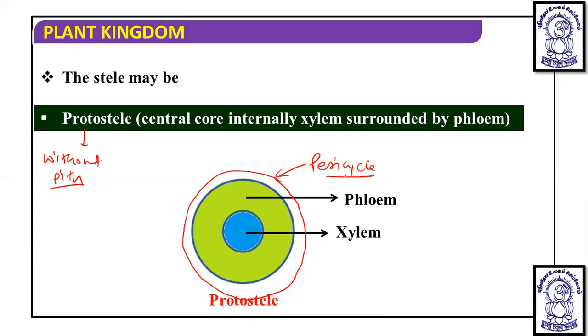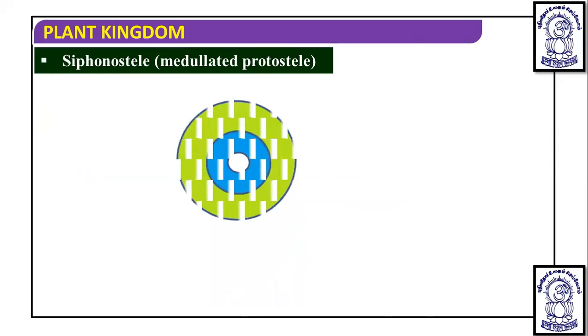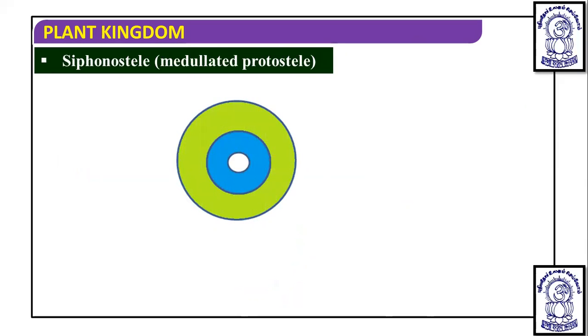Okay. Now, apart from this, another type is siphonostele. Siphonostele is medullated protostele. Medullated protostele means they have pith or medulla, because pith is also known as medulla. Because of this, they are known as medullated protostele.